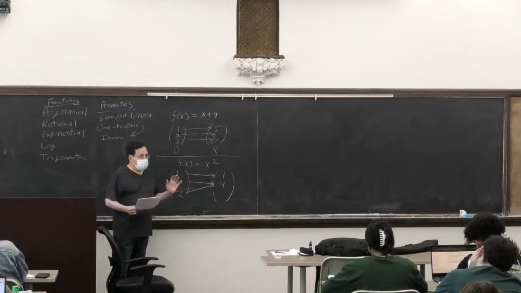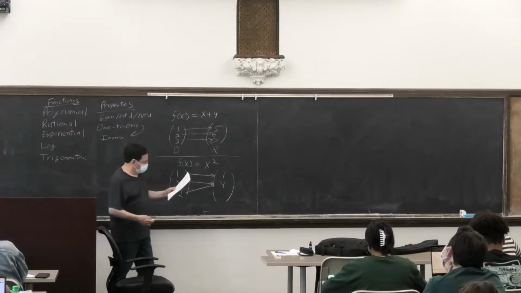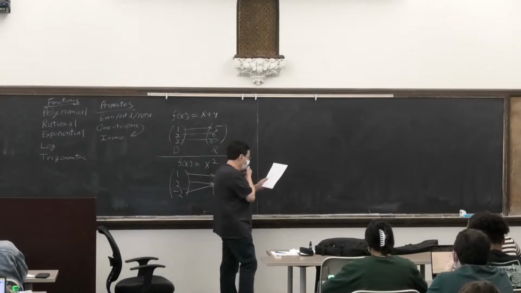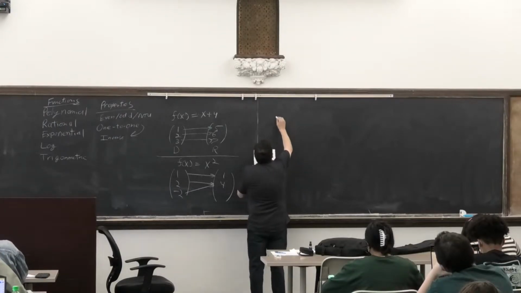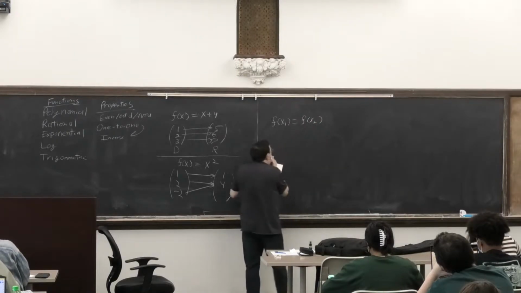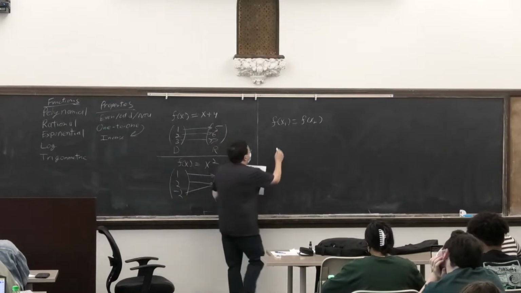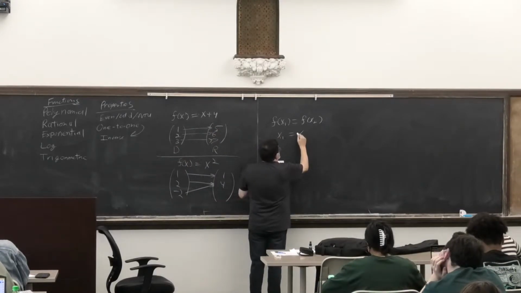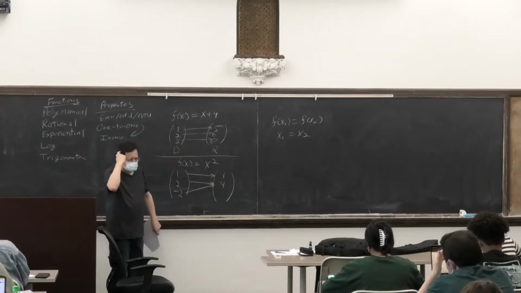There's another way to state this, which is we could say f of x1 equals f of x2, that's the item over here in the range, implies x1 equals x2. Okay, this is kind of a math idea.